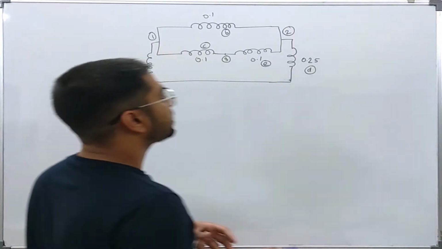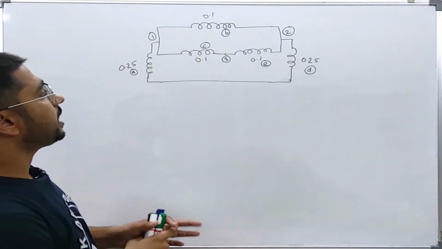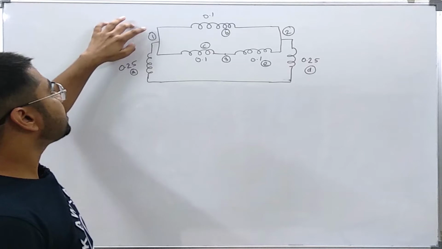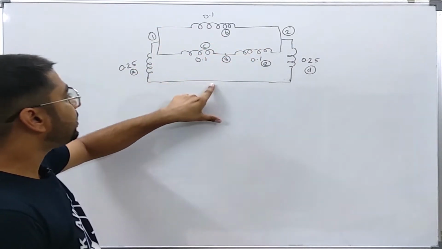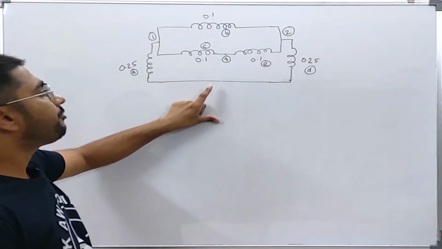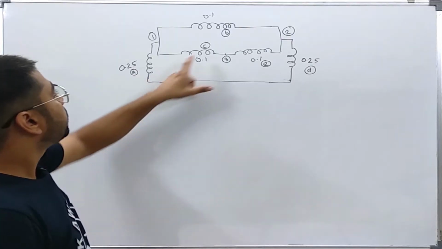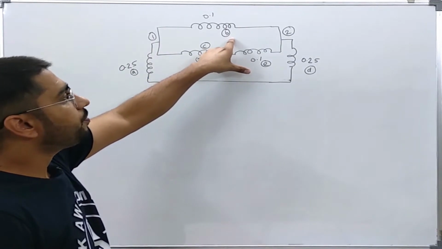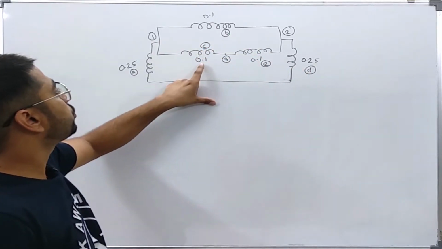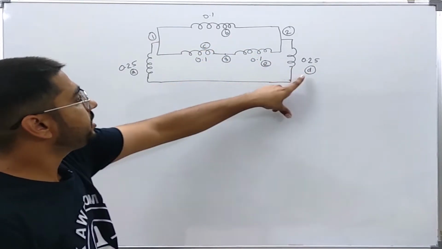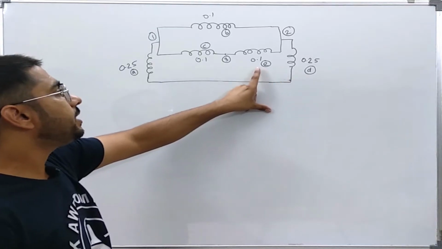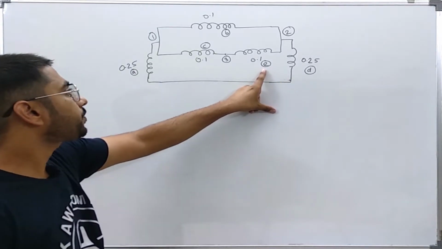Here, in this example, we are given a network with bus numbers 1, 2, 3, and this is the reference bus. There are 5 elements. Element A is equal to 0.25, element B is equal to 0.1 ohm, element C is equal to 0.1 ohm, element D is equal to 0.25 ohm, and element E is equal to 0.1 ohm.